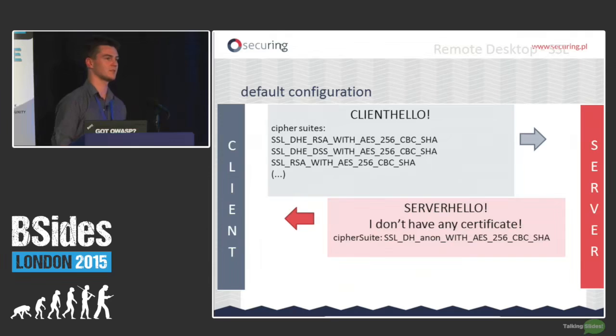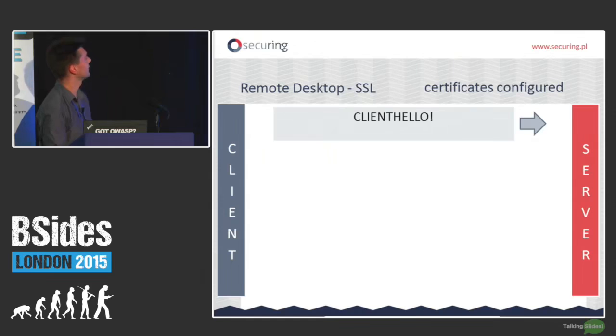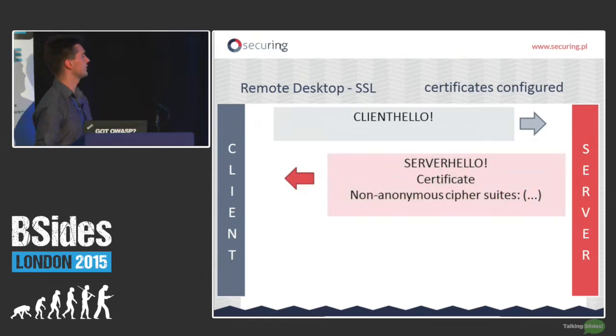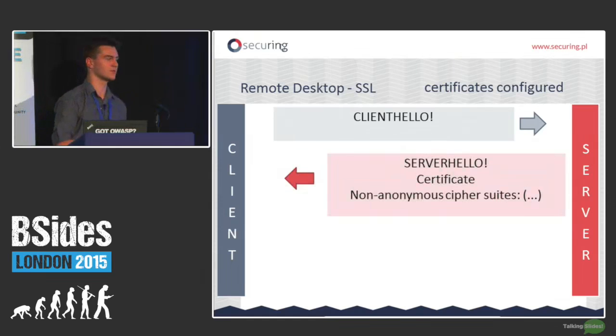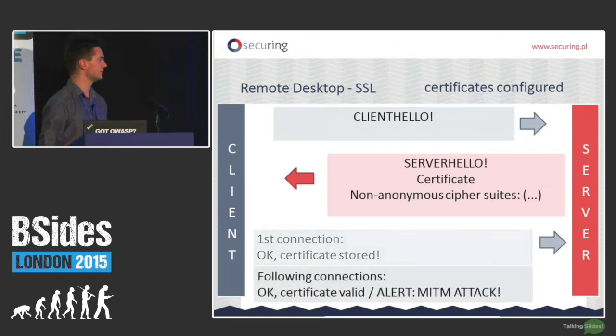There was an option in this software to switch to the certificate version of SSL. So this time, the server responded with some non-anonymous cipher suites. And there was certificate pinning implemented. For the first connection, the server stored the client certificate.